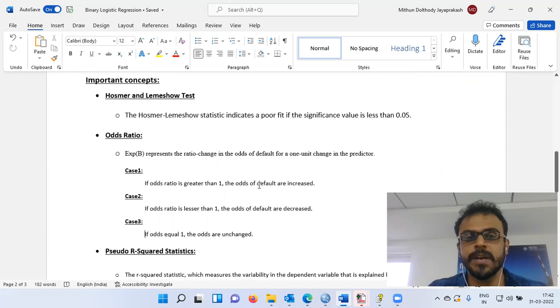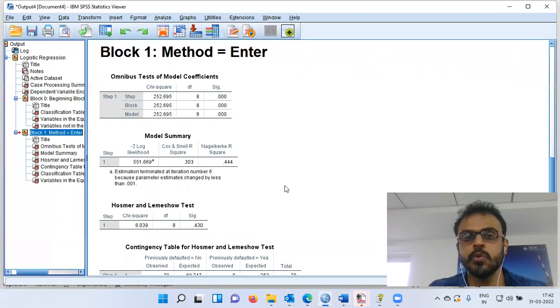So this is what I had when it comes to important concepts like Hosmer Lemeshow test, odds ratio, and pseudo R-square statistics. With this understanding, let us now explore the output produced by the logistic regression model on predicting defaulters.